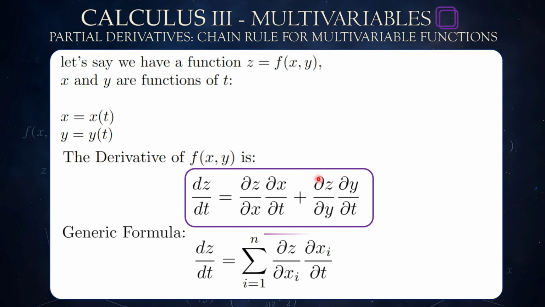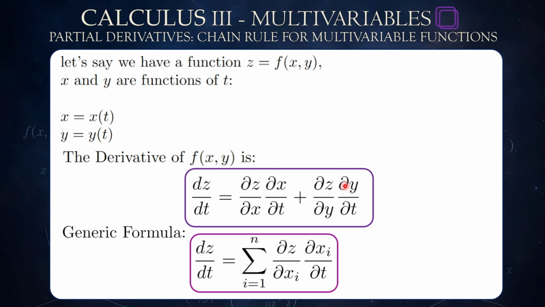So the generic formula is given by dz over dt equals the sum from i equals 1 to n of partial z divided by partial x_i times partial x_i divided by partial t, which is like the sum over this equation here: partial z over partial x times partial x over partial t plus partial z over partial y times partial y over partial t, depending on how many variables you have that are functions of t.